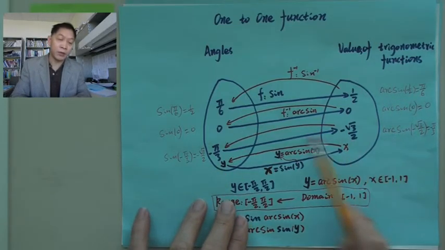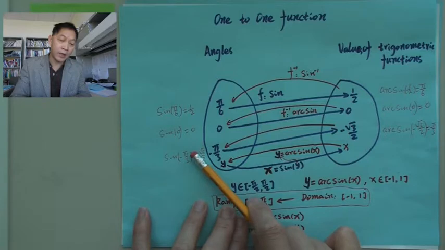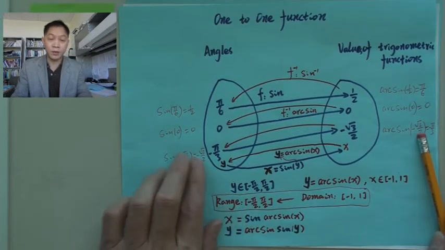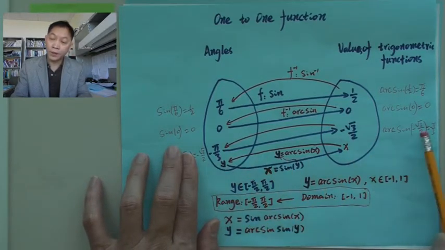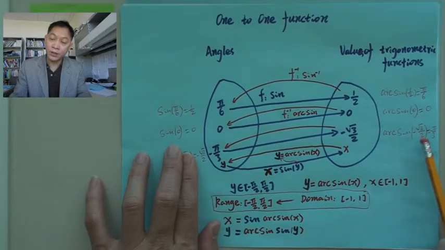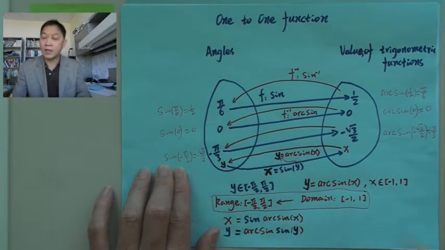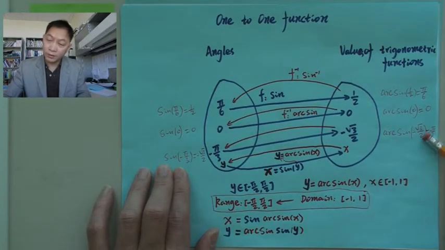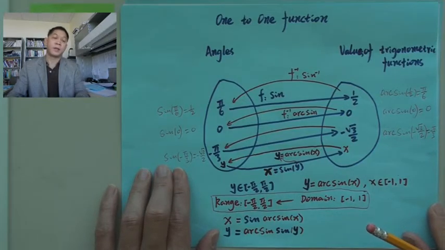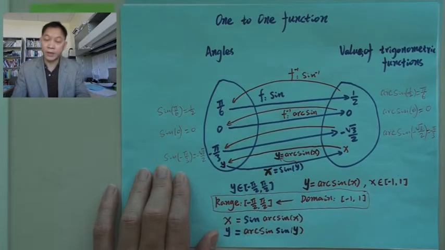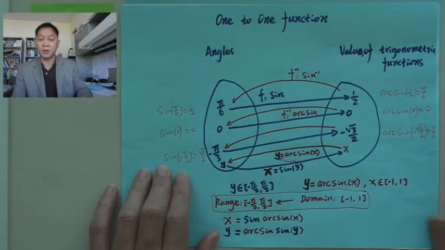So basically, if you have sine negative pi over 3 equals negative radical 3 over 2, then another way to write this is from value, here inside are the values, go back to find out angles. So arcsin something is actually an angle, and sine something is actually a value. Okay, so you want to keep those things in mind.